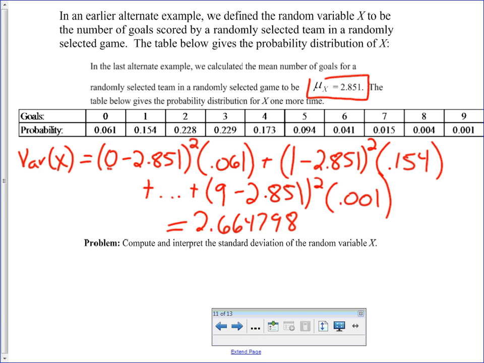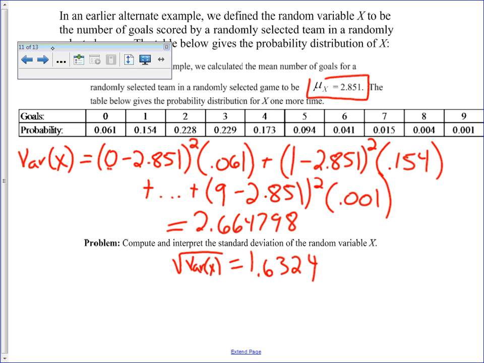So remember that the square root of variance is the standard deviation. So then I would have to take the square root of that, the variance, and I would get 1.6324. I'm going way too many decimal places. So that is the standard deviation.